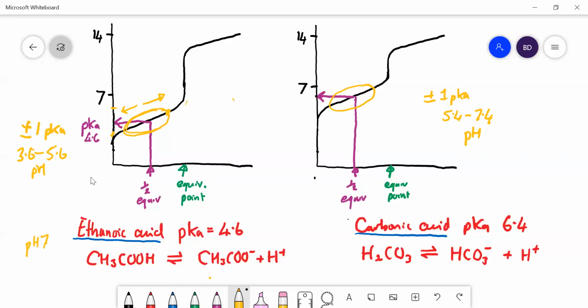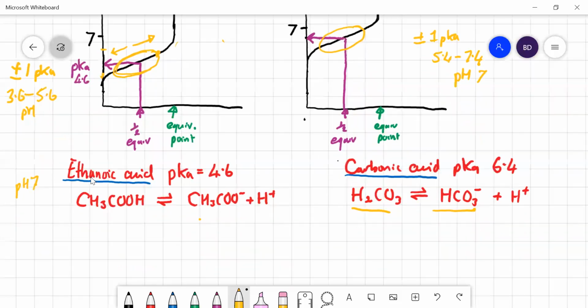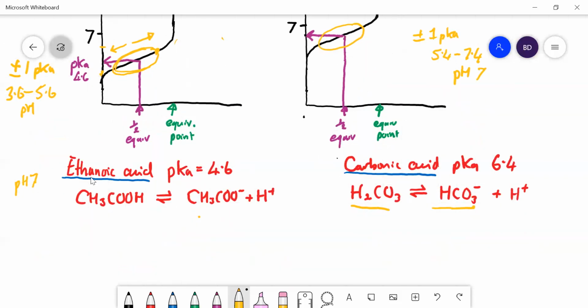And why did I say 7? Well, a lot of living things, you want them to be buffered at pH 7. So there's carbonic acid and its conjugate base, the hydrogen carbonate ion. That system is pretty good at buffering around pH 7. And if you're growing cells in culture, that is usually the way it's buffered.